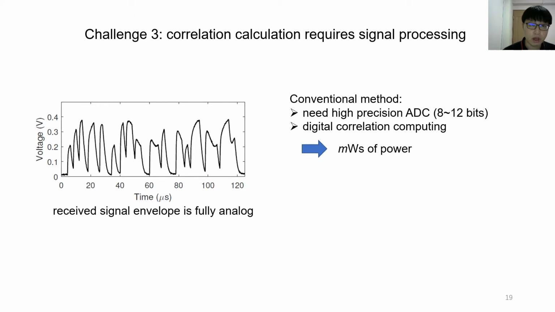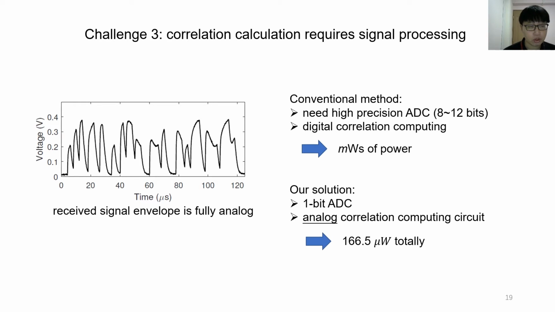The conventional method is to use a high precision ADC to sample the analog signal, and then perform digital correlation computing. The whole process consumes a lot of power. Our solution is to use a 1-bit ADC, and then we will introduce our design of analog correlation computing circuits to achieve no power consumption.